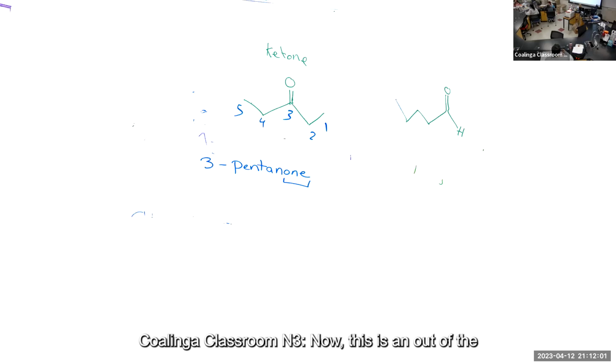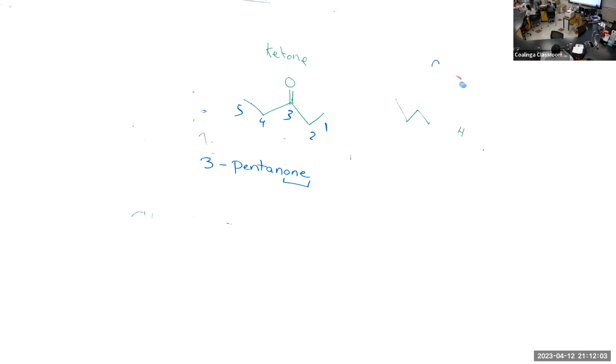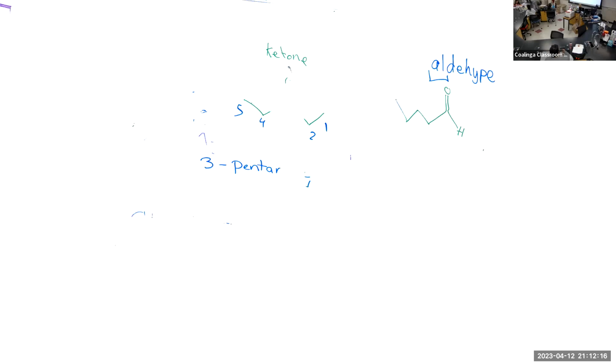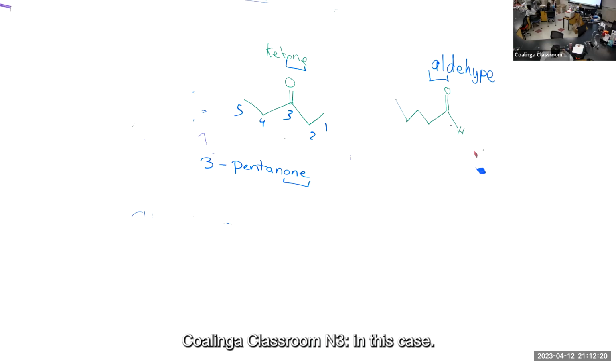Okay, now this is an aldehyde. An aldehyde is going to end in -al. So in this case, we count the carbons: 1, 2, 3, 4, 5 carbons.